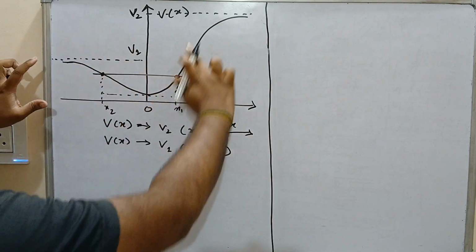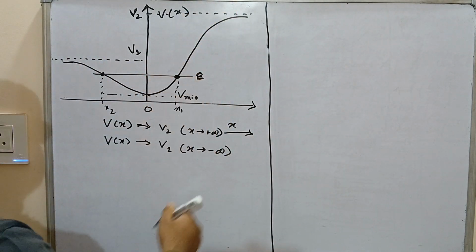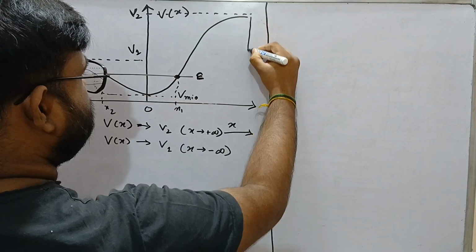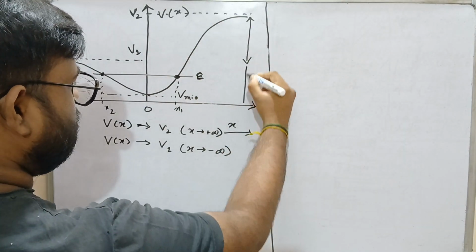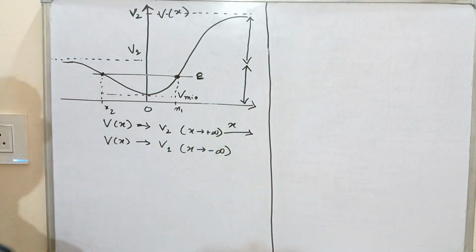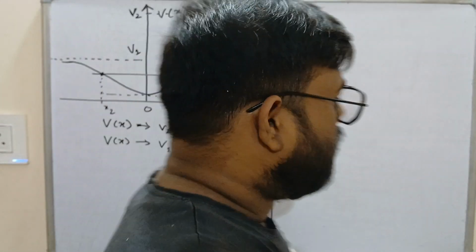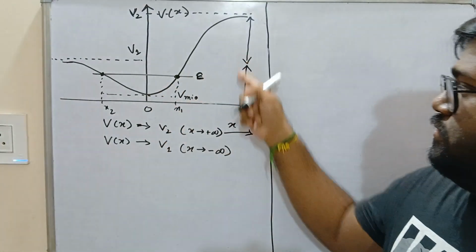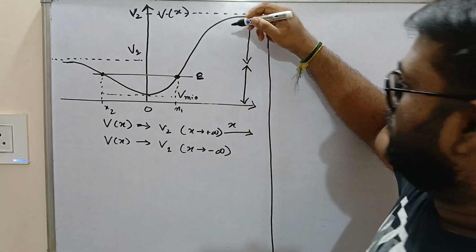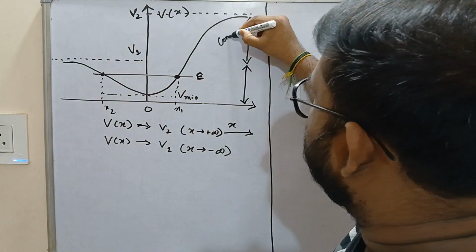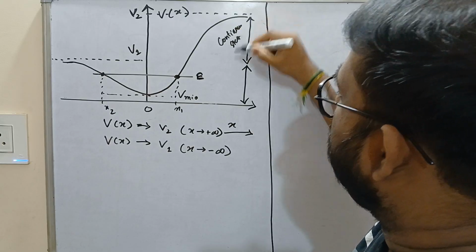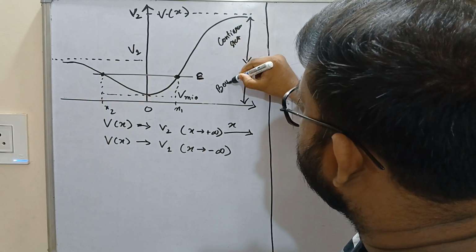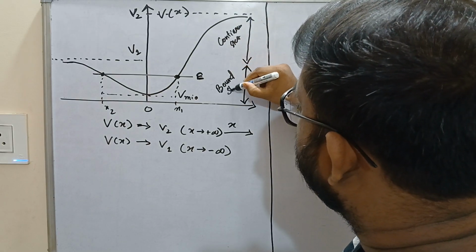Now this entire plot can be divided into 2 parts, one is this part, one is this part. These 2 parts are given different names. This is called the continuum state, and this is called your bound state.